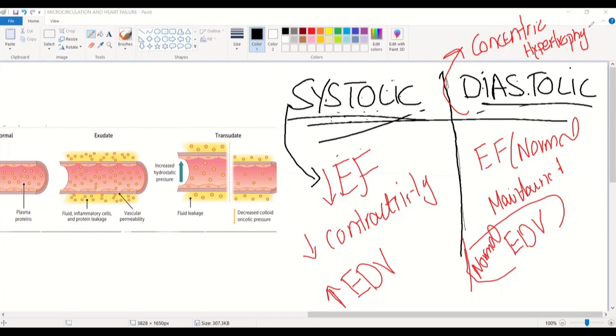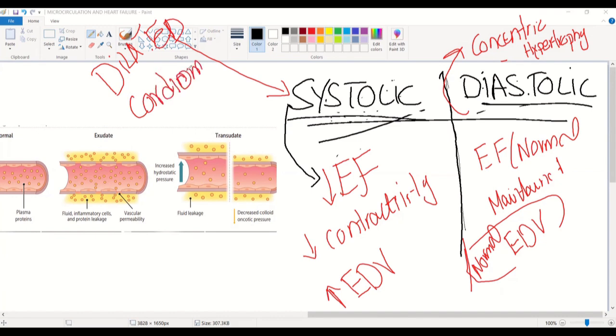So it means that the chamber size may be decreased because of the concentric hypertrophy, not eccentric hypertrophy. Eccentric hypertrophy takes place in dilated cardiomyopathy. And dilated cardiomyopathy is a cause of systolic heart failure, right? Yes.